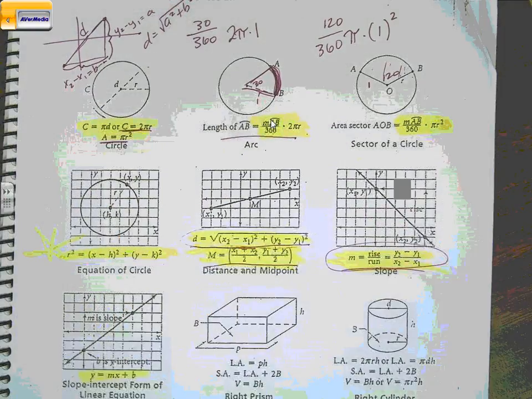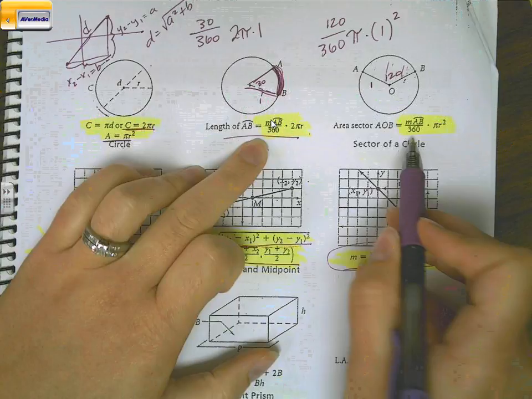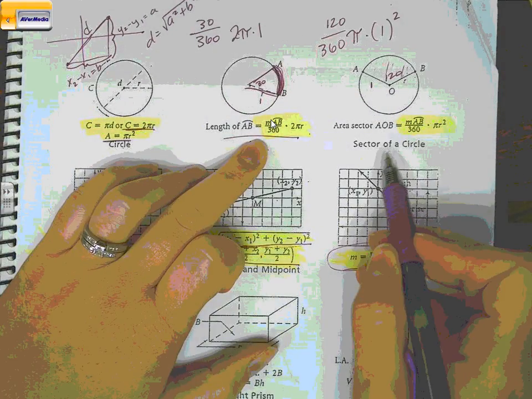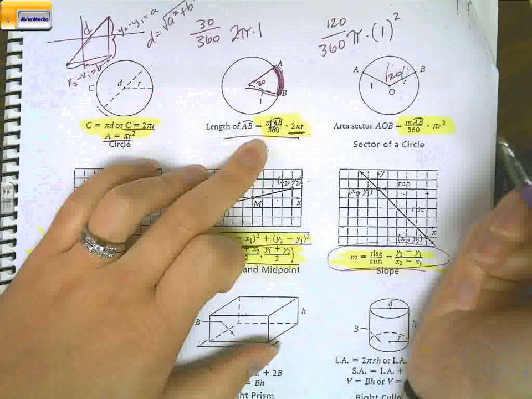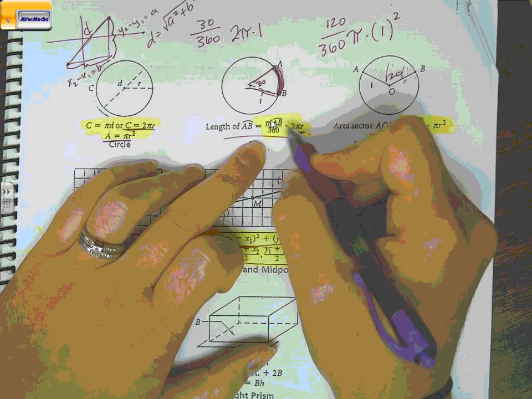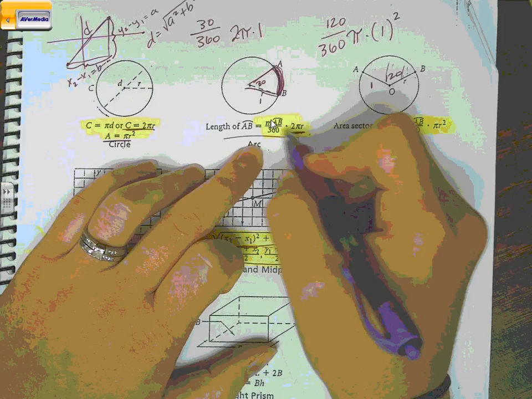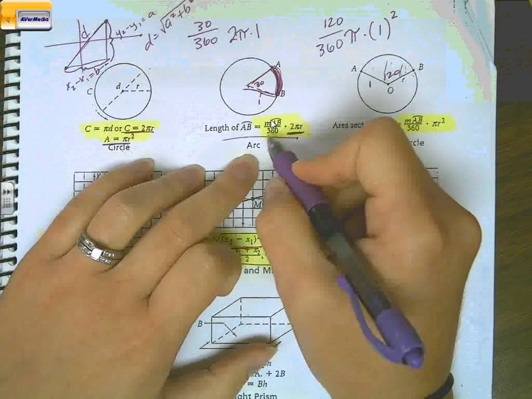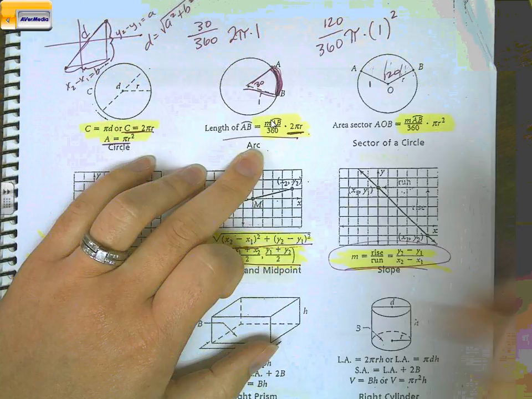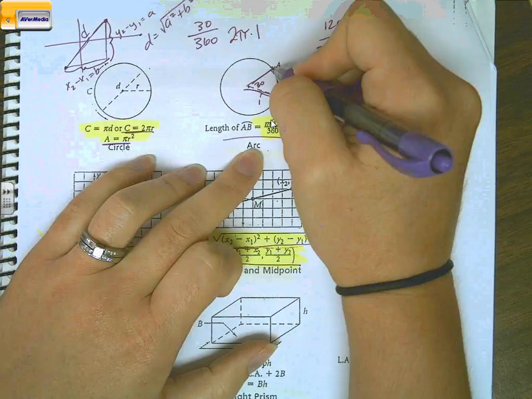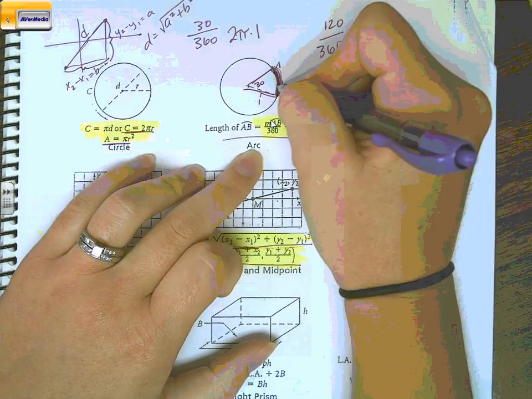Well, to do those, these are the formulas, but at first glance, those look kind of scary, so I want to show you what those really are. Isn't 2 pi r just circumference? And then if you take 2 pi r and multiply it by a portion of the circle, you get the arc length. So what I mean by that, say I want the length around 30 degrees of a circle.